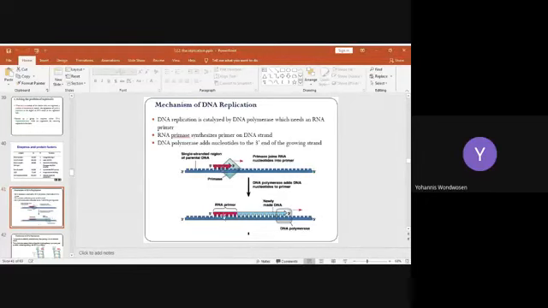As I told you before, and as you can see on the screen by the pink color, first the RNA primer is synthesized in a complementary manner with the parental DNA by the primase enzyme. Then the DNA polymerase can get the 3' OH free end to undergo the continuous DNA synthesis from 5' to 3'.